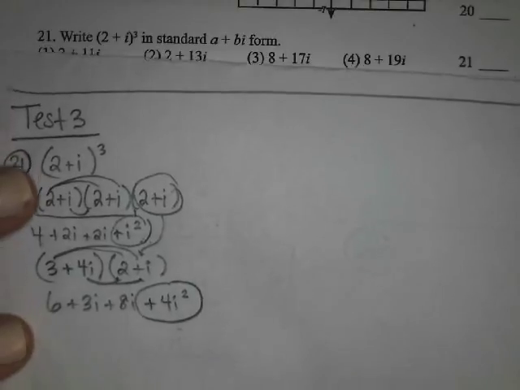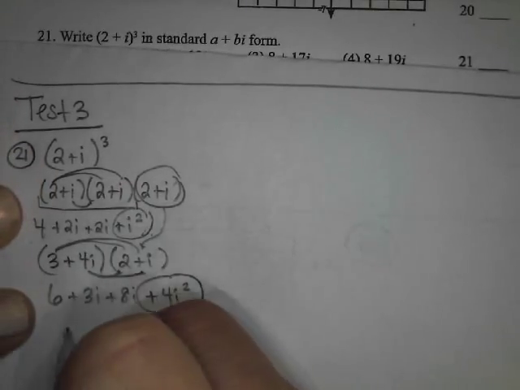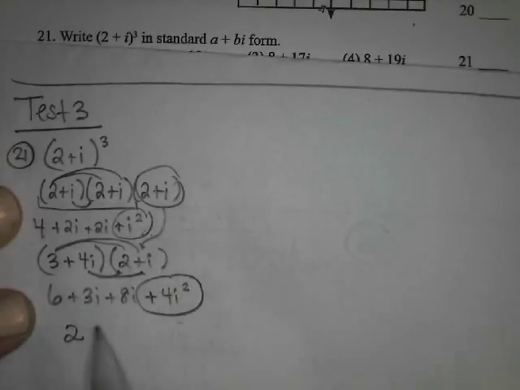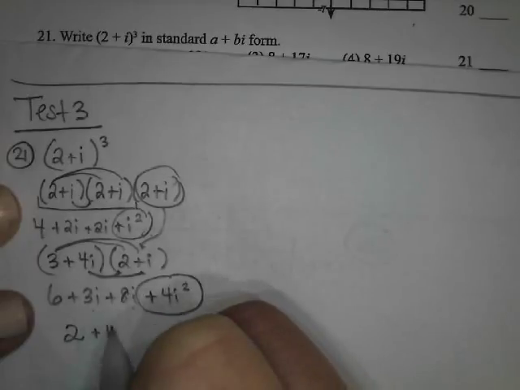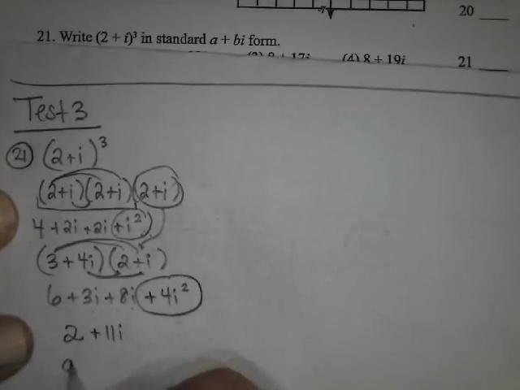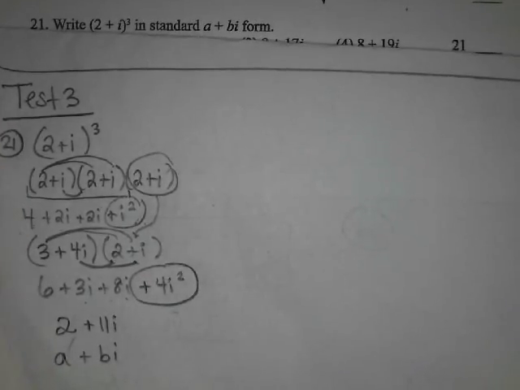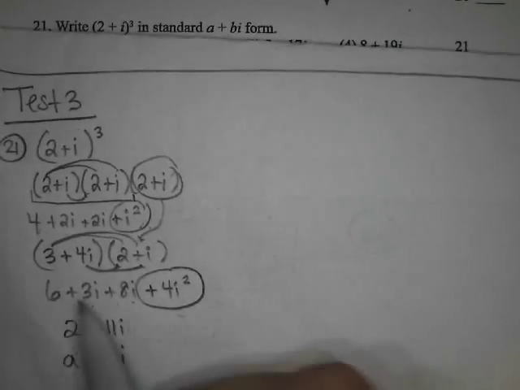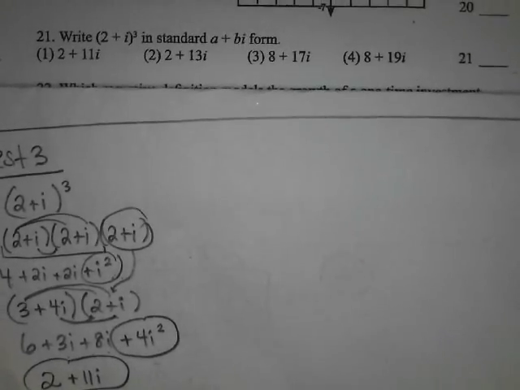So 6 minus 4 leaves me with 2, and 3i plus 8i is 11i. And they said a plus bi form. Do I have it in the right order? I do. Your a is your constant 2, and your bi is your 11i. So this is your final answer, 2 plus 11i. And which one is that? Which option? Option 1. Good.